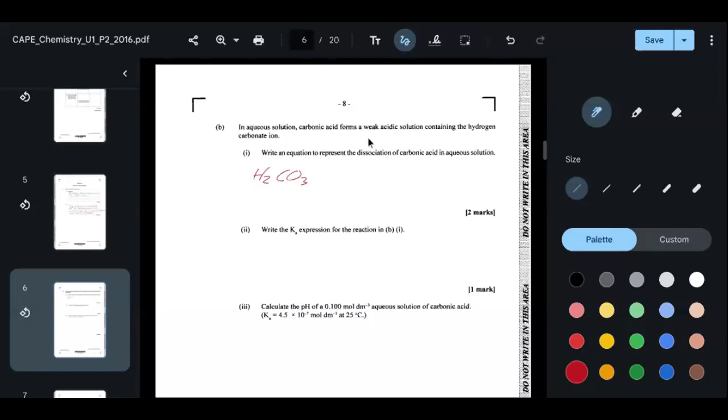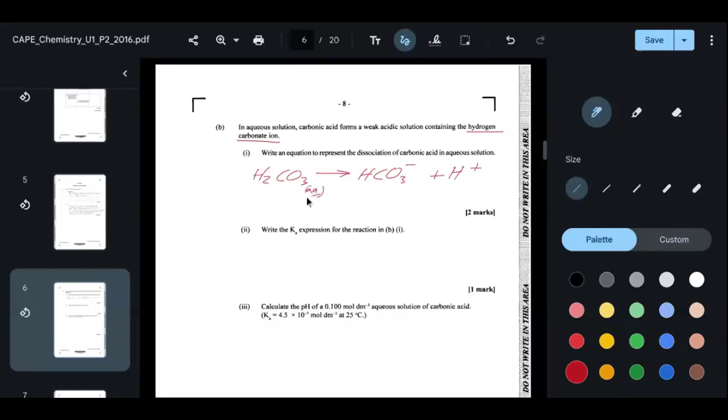Ensure when you're reading this question, you take your time and read it. It dissociates to form an acidic solution containing the hydrogen carbonate ion. So when this dissociates, what are you going to get? HCO3 minus plus H plus. Include the state symbols.